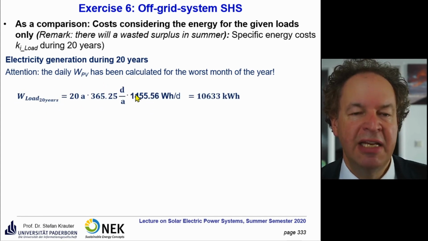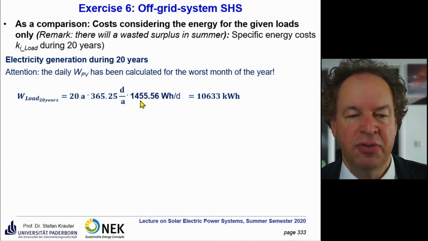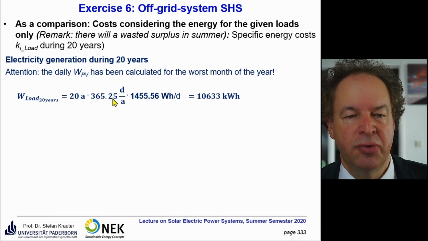So we have the daily load here, remember, 1455.56 watt hours per day. And then we have 20 years, and we have 365.25, which is the actual number of days per year. If you have 20 years, we can really use that, considering also the leap years and so on.